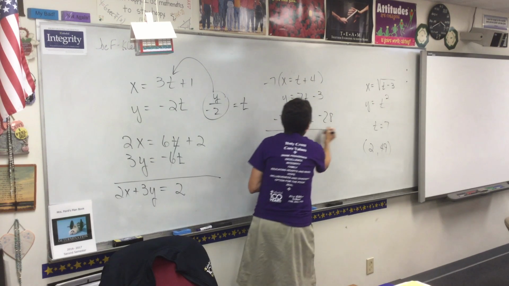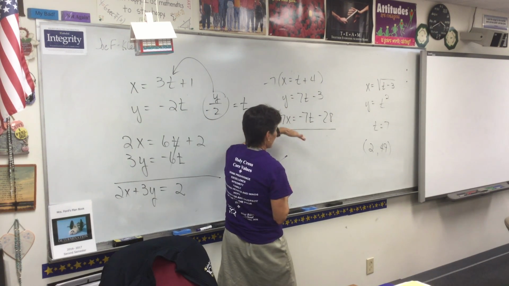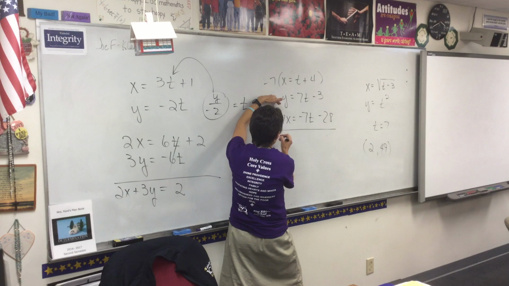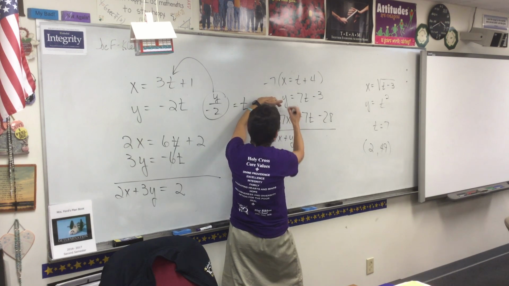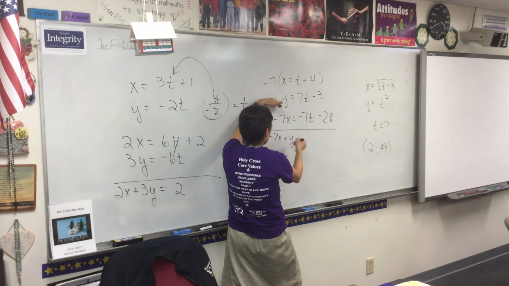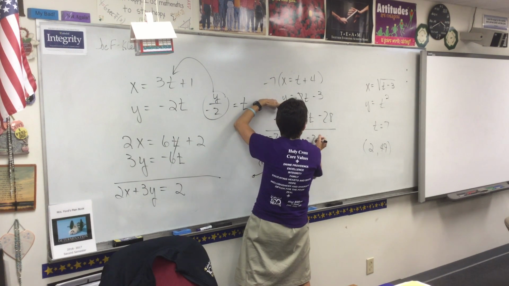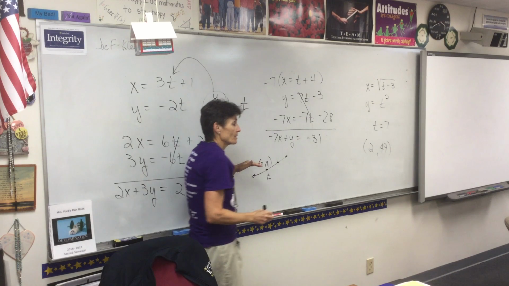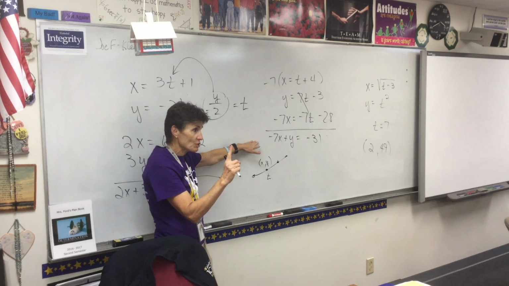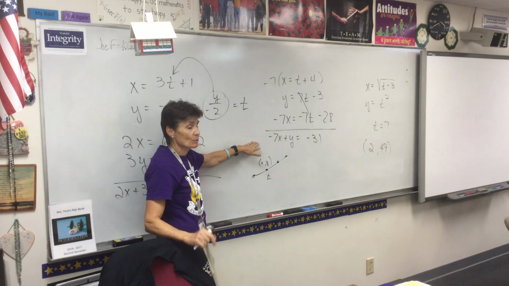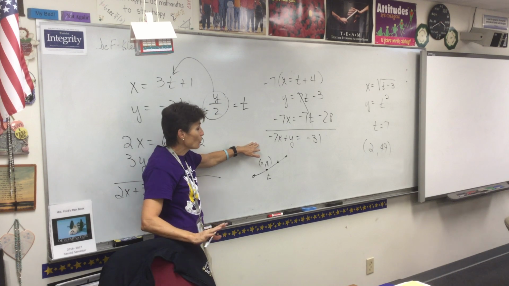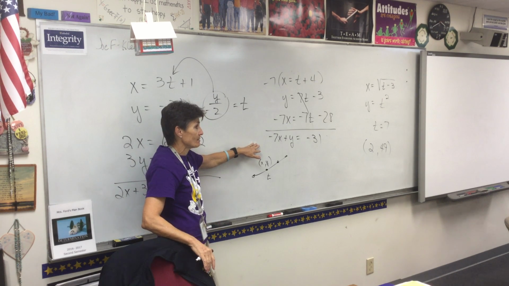Now when I add my two equations together, I get negative 7x plus y equal to negative 31. There is one equation with x's and y's and no t's. That's all you have to do. It's that easy.